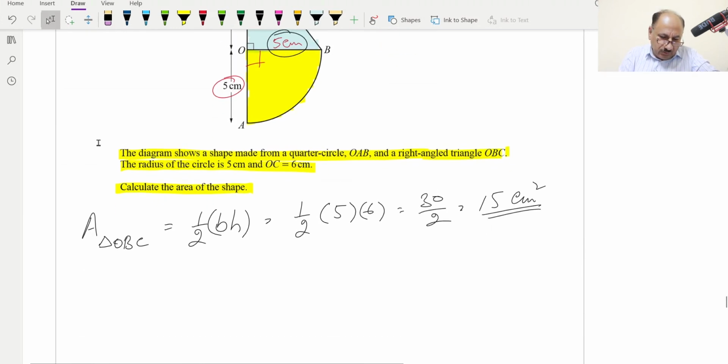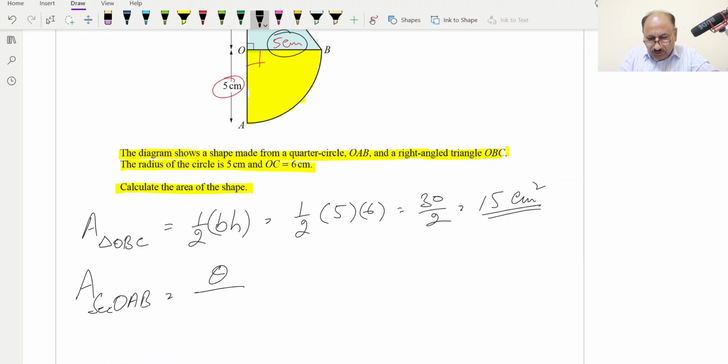The remaining is what? Remaining is area of the sector. Area of the sector OAB, which is basically quarter circle, will be equal to theta over 360. This is area of sector formula, theta over 360 into pi r square. Theta is 90 degree.